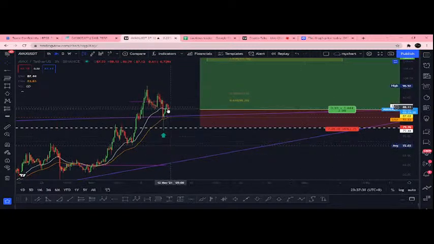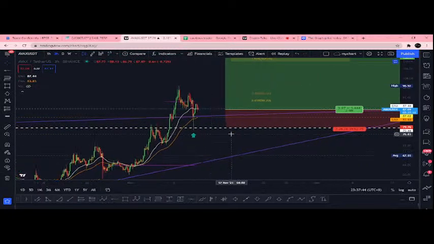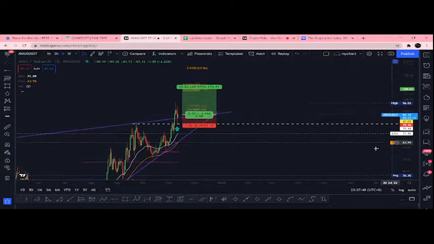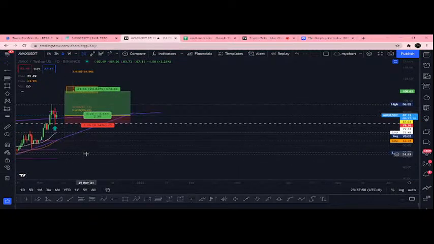Because if it did not hold at that EMA, might possibly retest back the 79, which you might possibly get liquidated if it's futures. So depending on your plan.